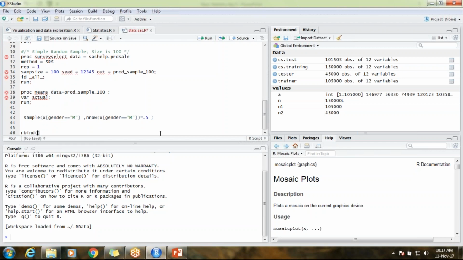So rbind the data set for male, let's say X male, and then X female. What it will help me to do is get a sample with the same distribution as it was there in the parent data set.